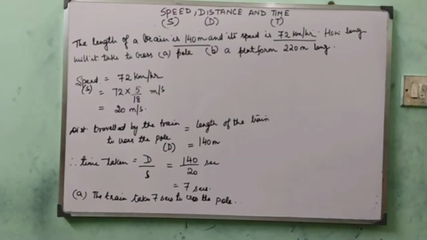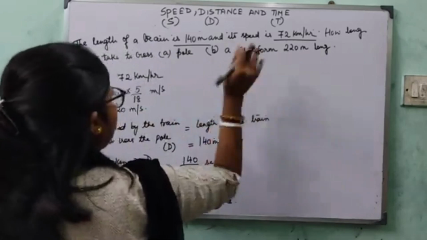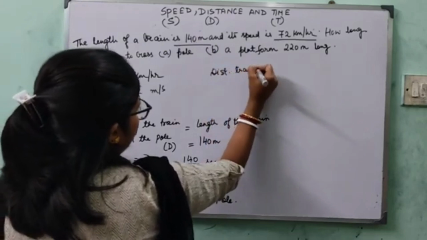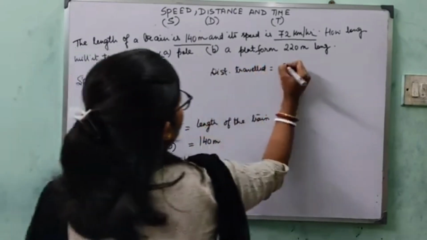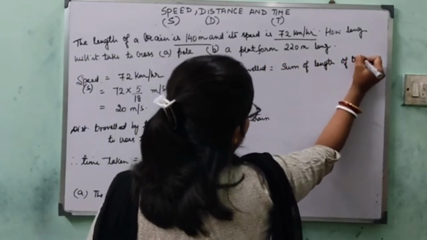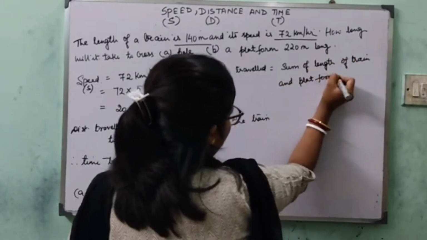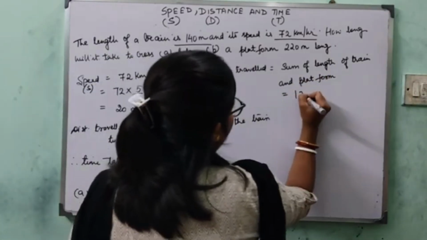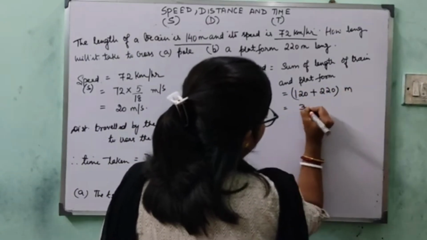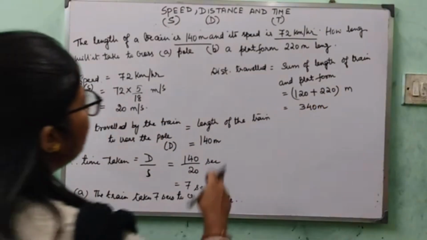Now the second part of the question is to cross the platform. So here in this case the speed is the same, but the distance traveled will change. Distance traveled will be the sum of the length of train and platform.